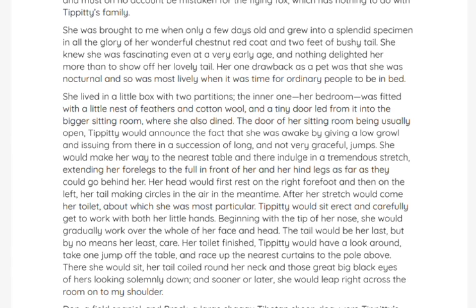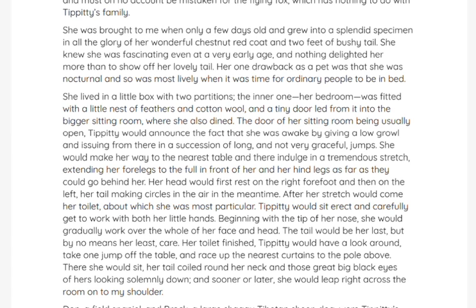She would make her way to the nearest table, and there indulge in a tremendous stretch, extending her forelegs full in front of her, and her hind legs as far as they could go behind her.